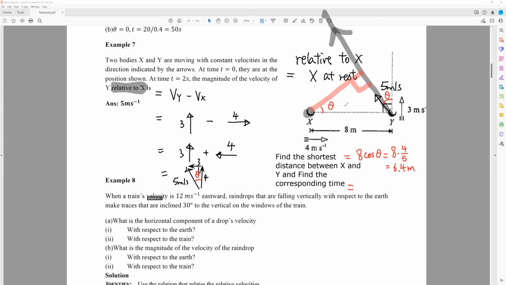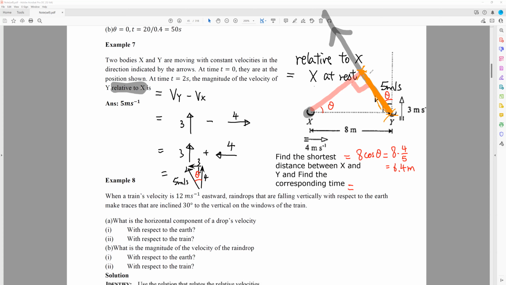So actually, what distance should we take? It's the distance here, here, here. This one. So this is the distance moved by y relative to x. Then we are going to find the time from the starting point to here. That's the time when they are closest to each other, is it?